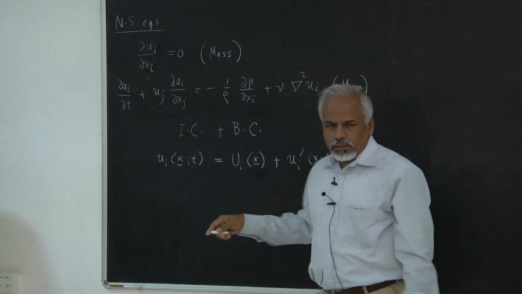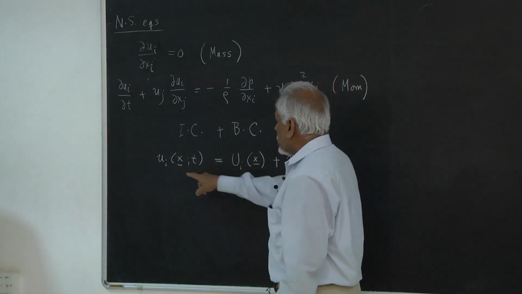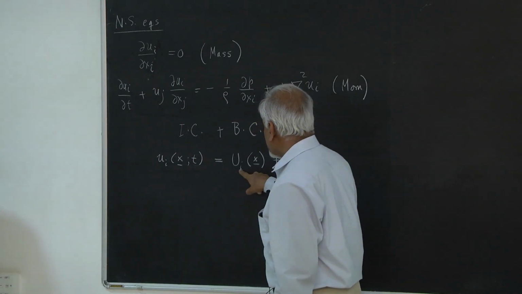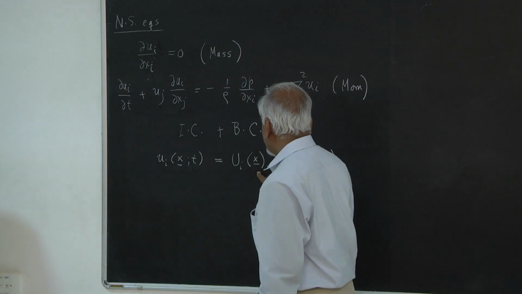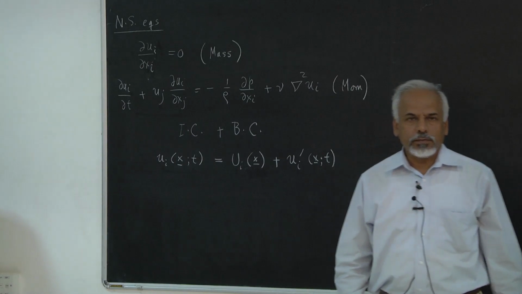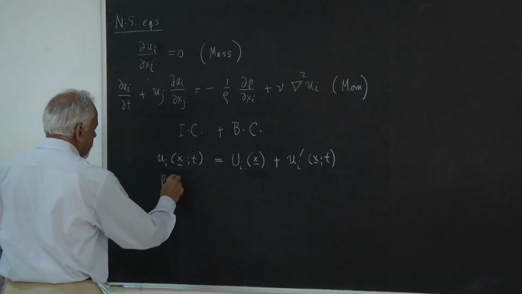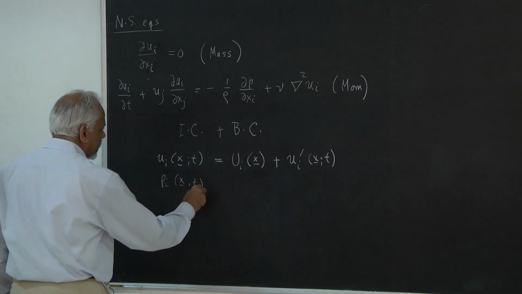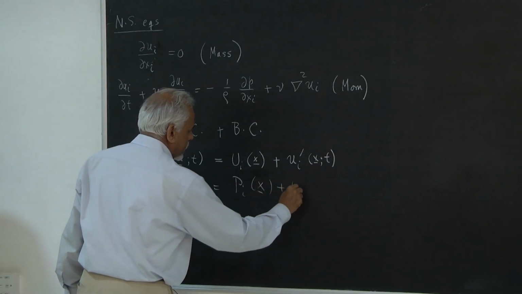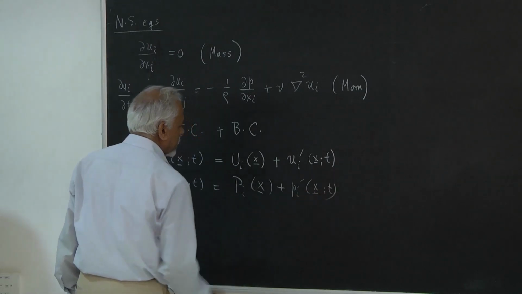So for at least this lecture, I'm going to use this notation that the instantaneous quantity that you measure is equal to the sum of the mean, which is denoted by the capital letter, plus a fluctuation. Now you might, of course, write pi at x, t is again capital Pi at x plus pi prime at x, t.